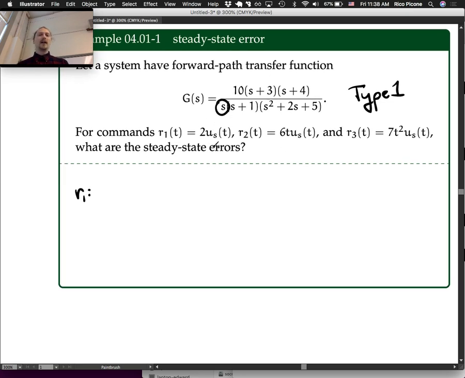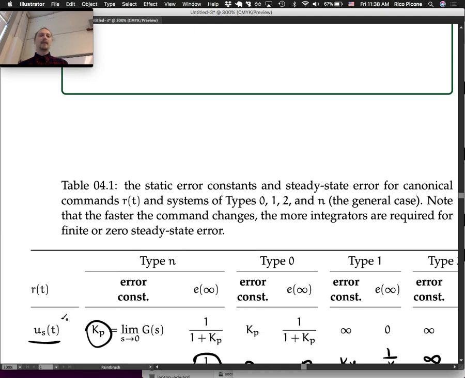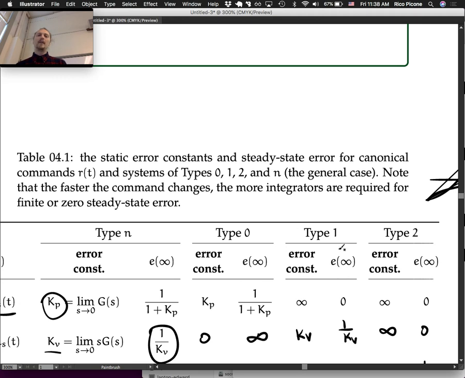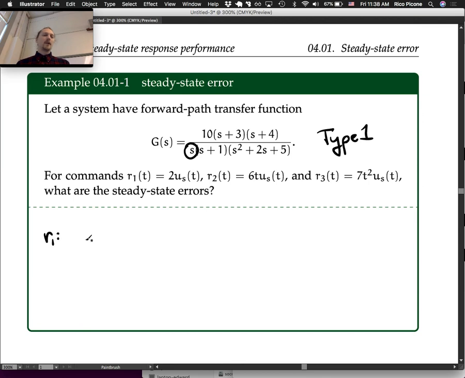But we have a step type input. For a type 0 system we'd need to compute the error constant Kp, but if it's a type 1 system, we already know what's going to happen: the error is going to go to 0 for a step input. If we wanted to be sure, though, we could compute Kp, the limit as s goes to 0 of g of s.